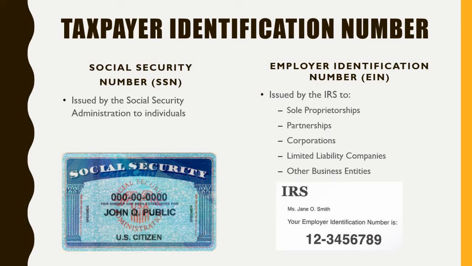Whereas a tax employee identification number, or in this case, it's called EIN, which is Employer Identification Number, which is actually issued by the IRS. Now, what this identification number does is, this is what the company is going to use to file for taxes. So again, when you start up a business, you have to pay for state taxes, you have to pay for business and licensing tax.